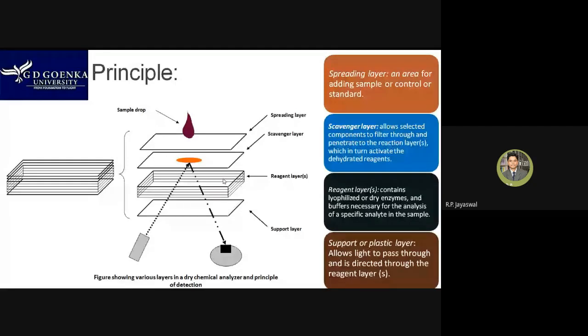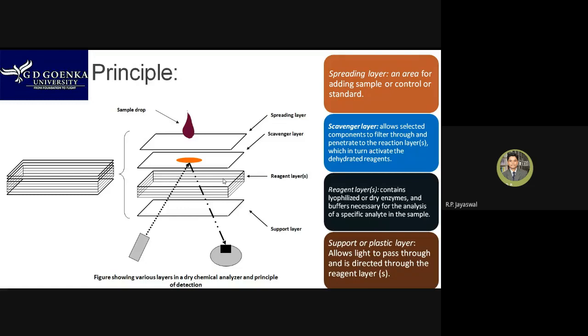What is the role? It allows light to pass through, which is directed through the reagent layer, and then it comes back to the colorimeter, towards the detector. So the detector detects how much light has been reflected and how much light has been absorbed by the colored substance.